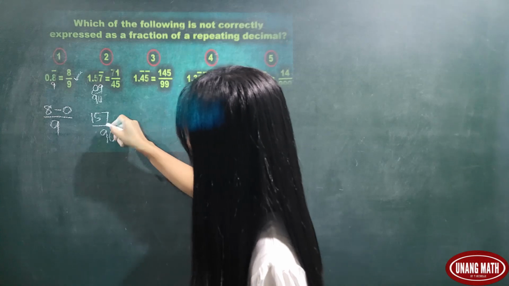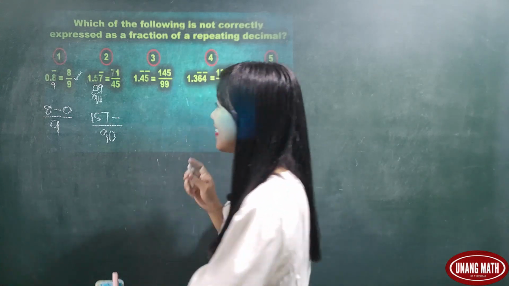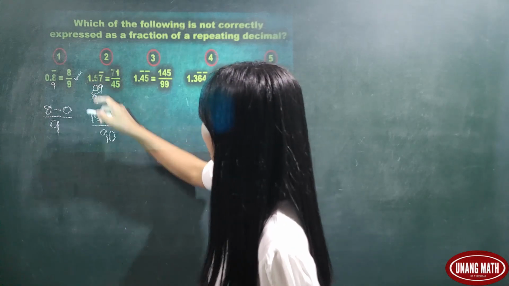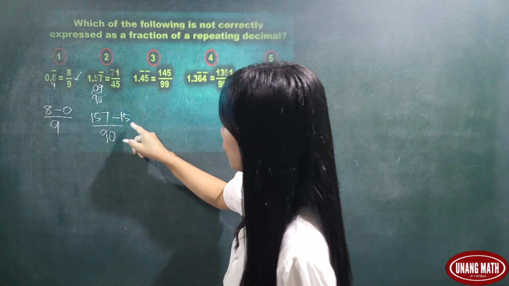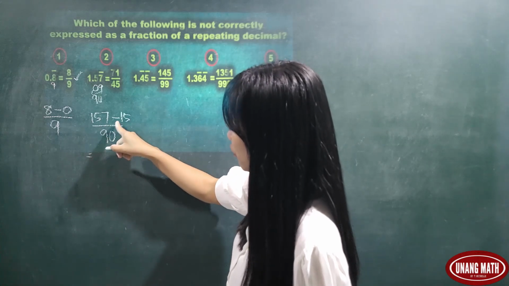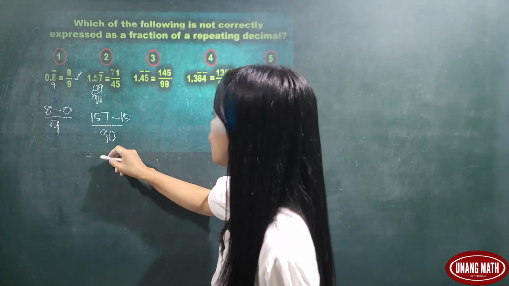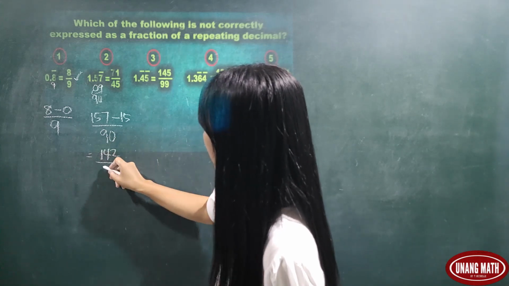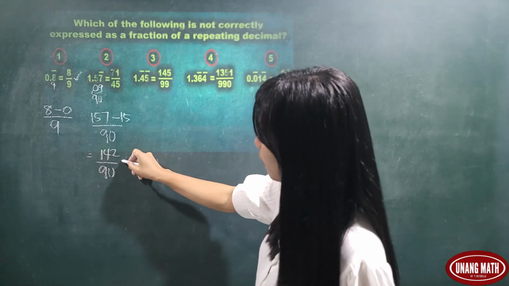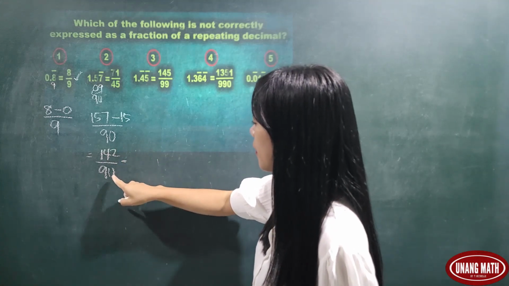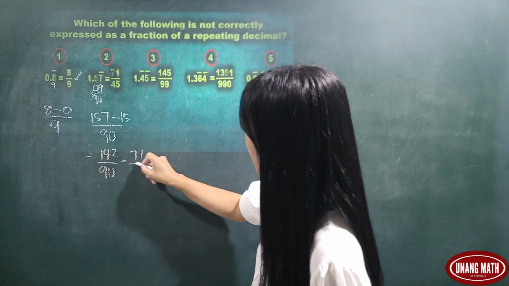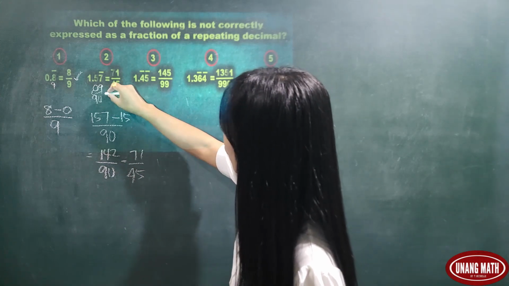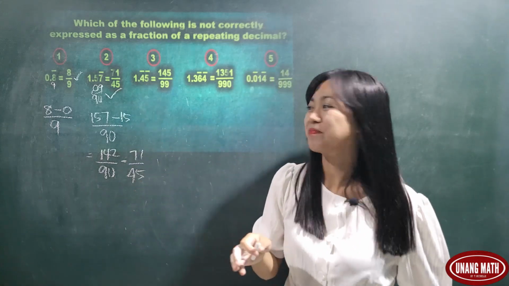So 157 minus the non-repeating digits. 7 is repeating, 1 and 5 are not repeating, so minus 15. 157 minus 15, this is equal to 142, and the denominator is 90. If we simplify, divide both numerator and denominator by 2, this is equal to 71 over 45. So 71 over 45. So number 2 is also correct.